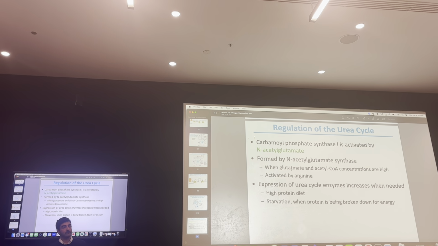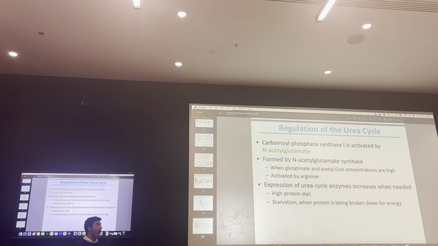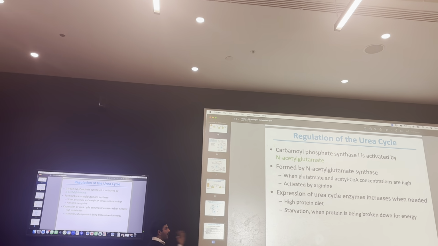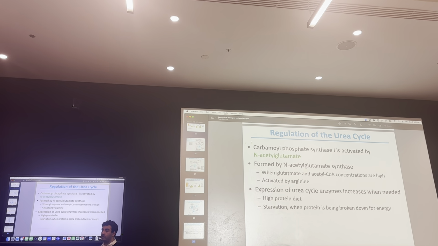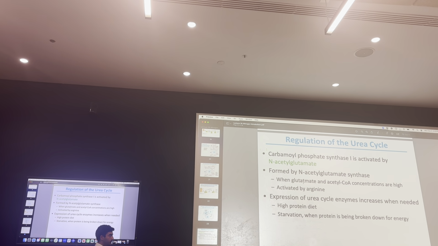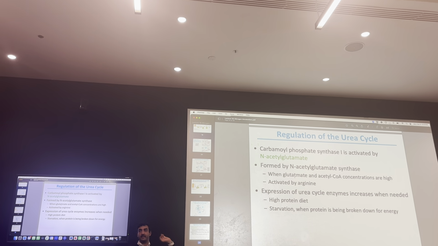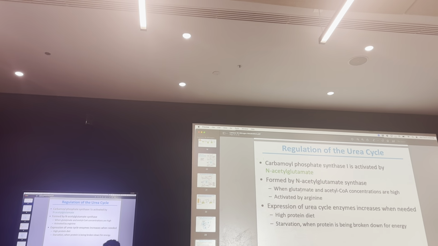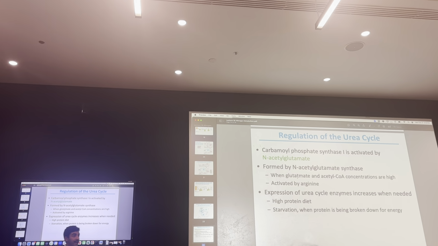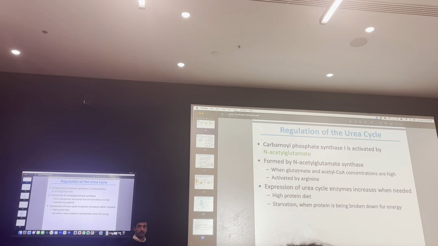Again, I would prioritize this as far as information goes, important slide. So carbamoyl phosphate synthetase: this is a rate-limiting committing step to your urea cycle. Now, carbamoyl phosphate synthetase 1 specifically is regulated allosterically by N-acetylglutamate.